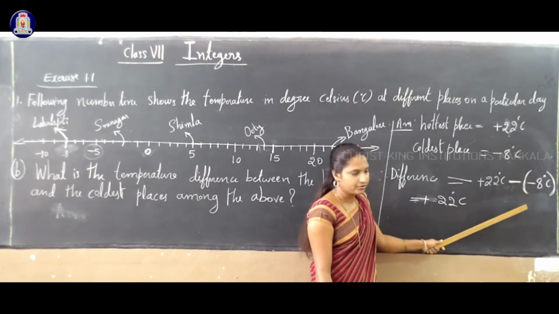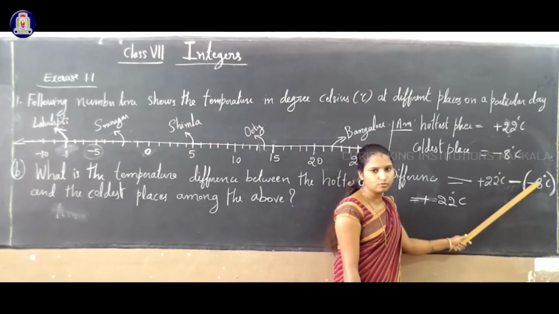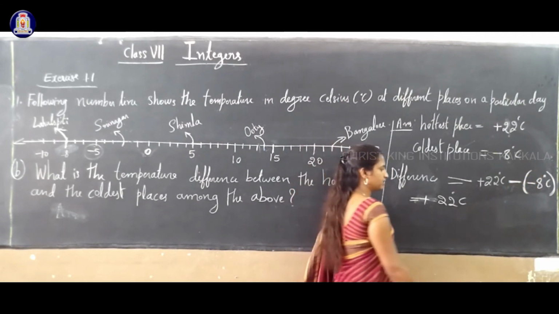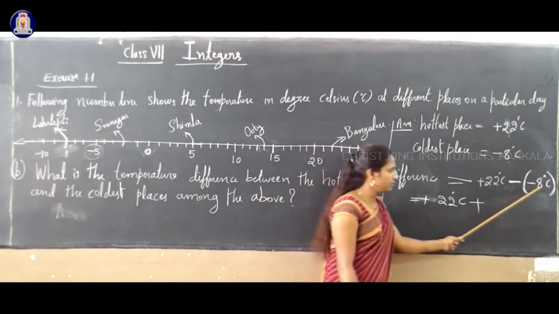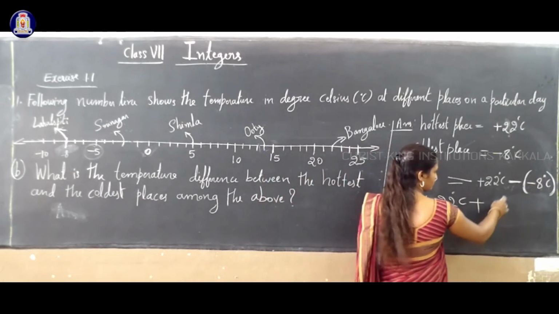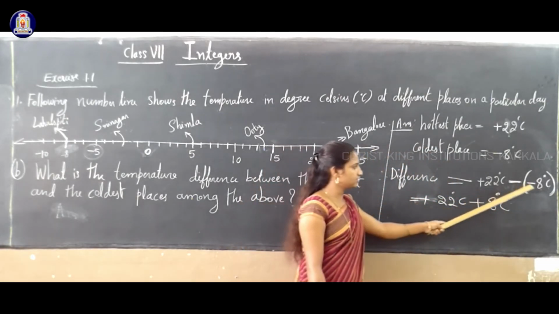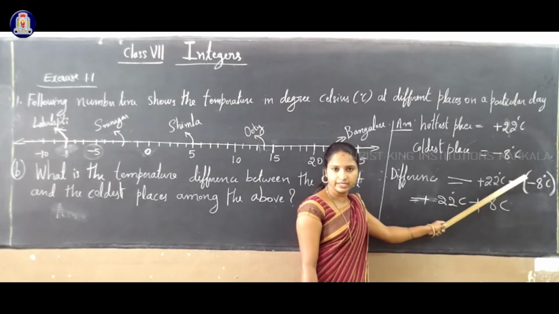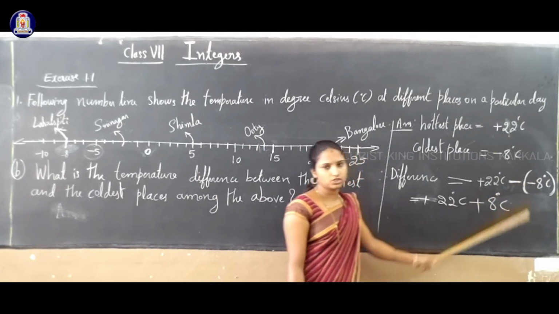In the next step, remove this bracket by multiplying the sign. Minus into minus is plus. Bracket means multiplication, right? So multiply minus into minus, plus 8 degree Celsius.